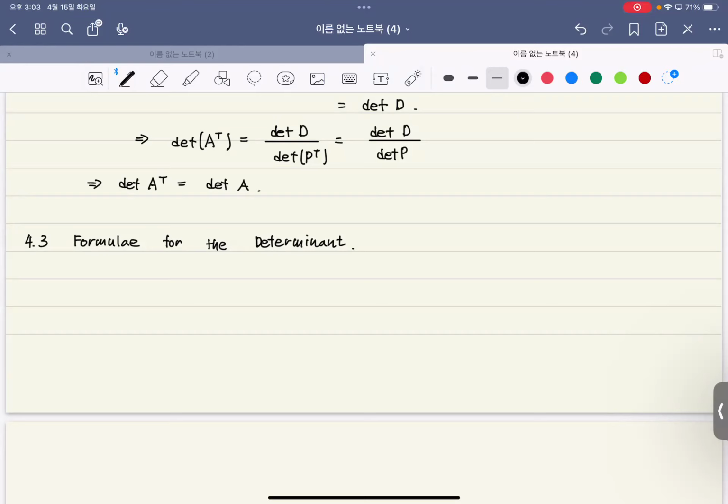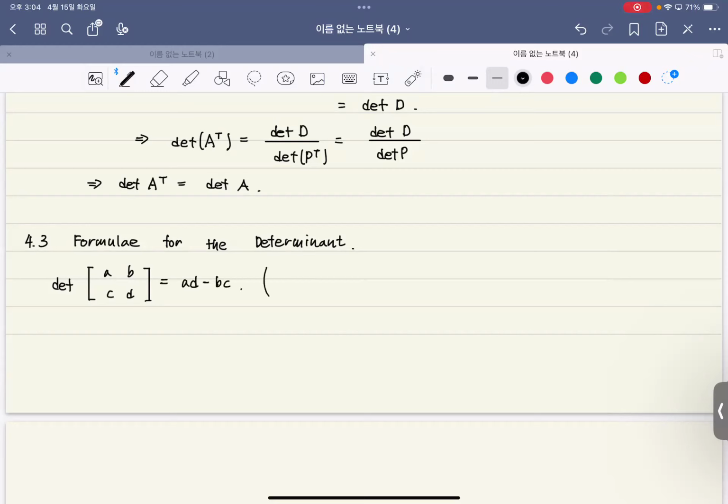First, we will begin from the easiest case. The determinant of a 1x1 matrix is just the number itself. And the determinant of a 2x2 matrix we have already discussed earlier: the determinant of A, B, C, D is AD minus BC.